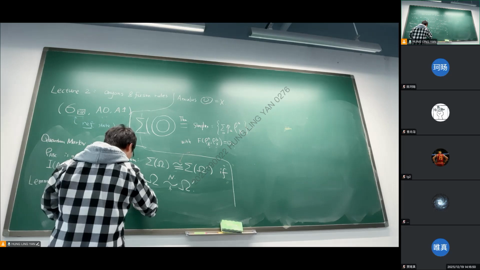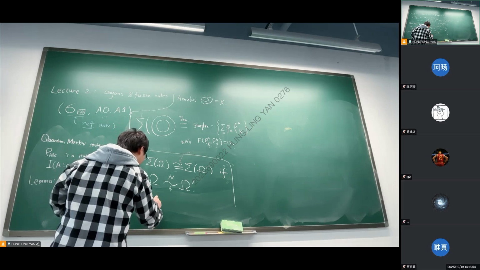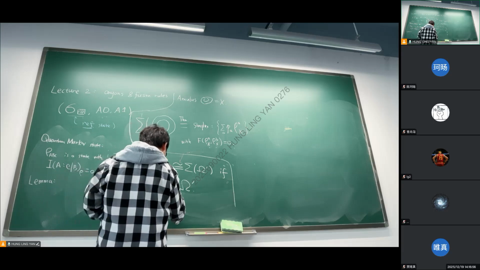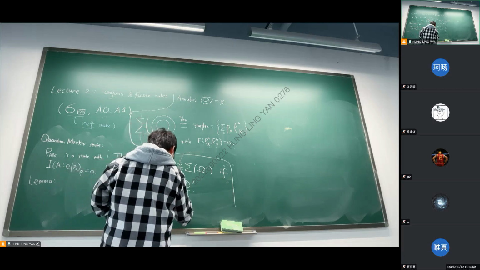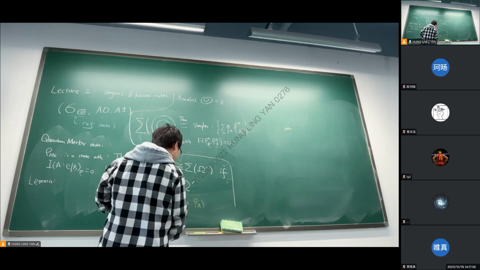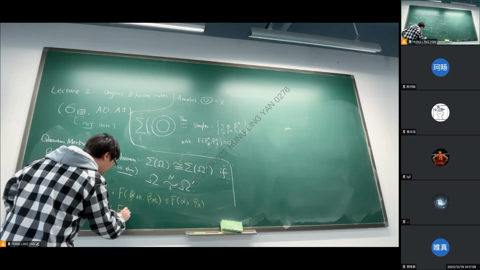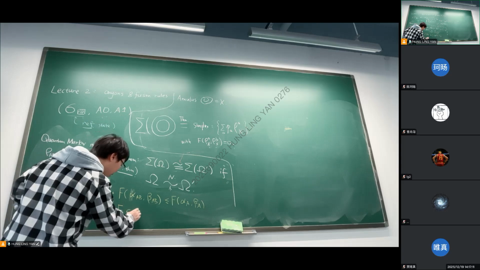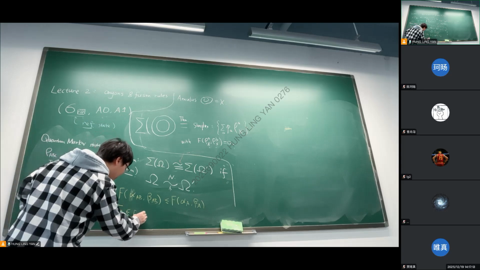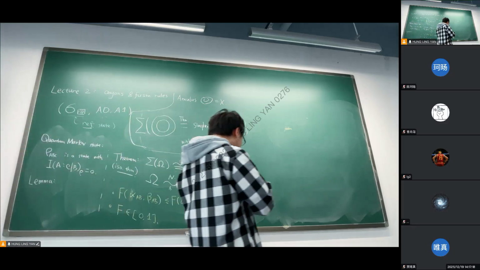The fidelity of the reduced density matrices is larger than the fidelity of the states, so between 0 and 1.